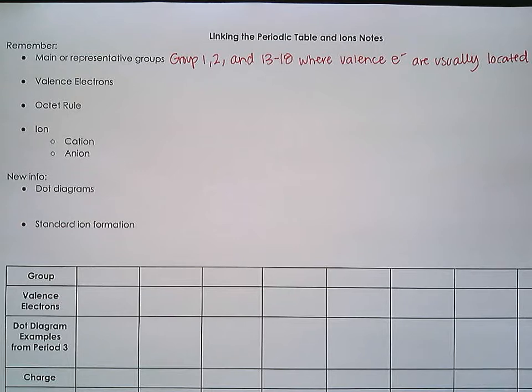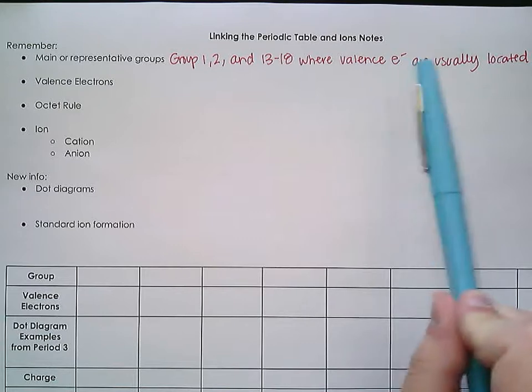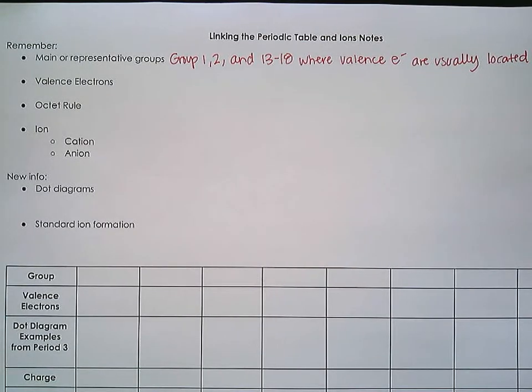Now, let's talk about valence electrons here. So we just said that these groups are where most valence electrons are usually going to be located, so we want to make sure we know what those valence electrons are.